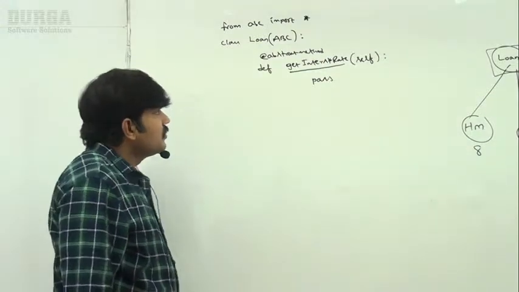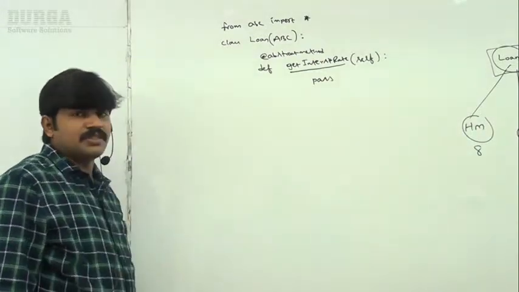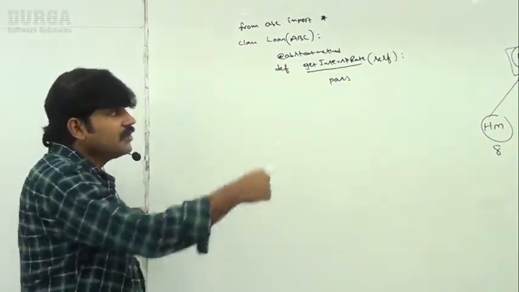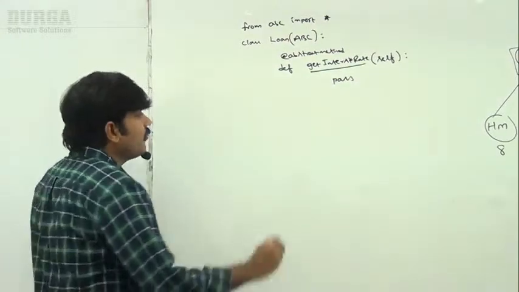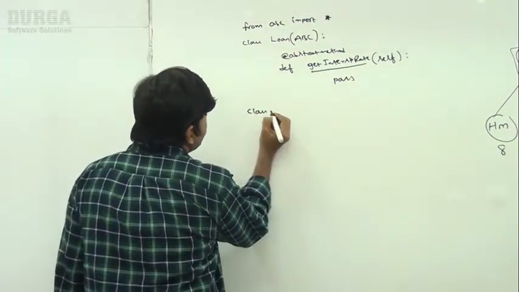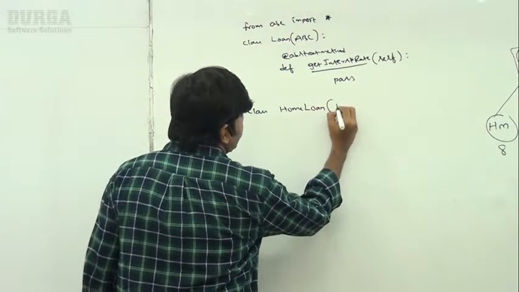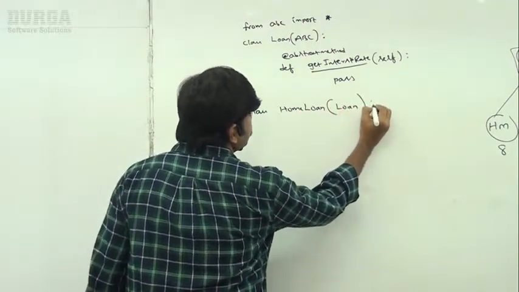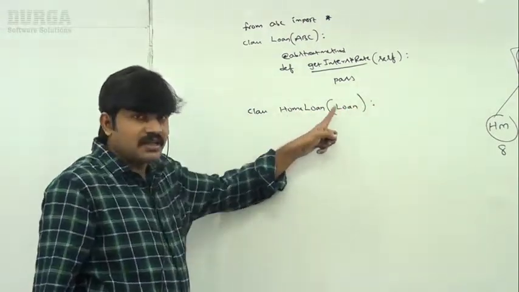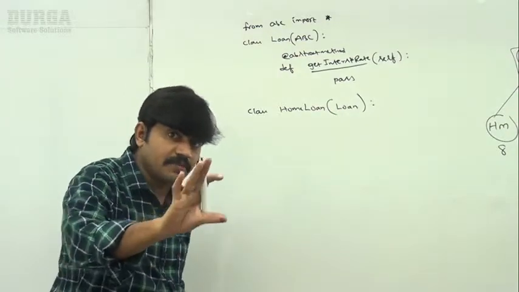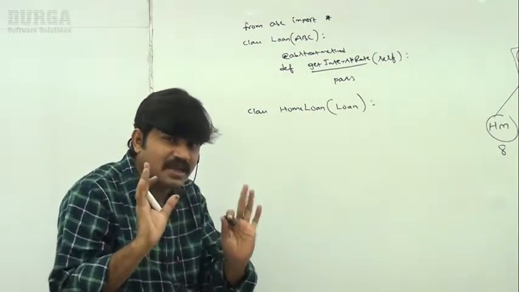Now who is responsible to provide the implementation? The child class is responsible. Now I am taking class HomeLoan, which is the child class of the Loan class. It is the child class, and Loan is the parent class. In the OOPS concept I will explain in detail, just to get the basic idea.